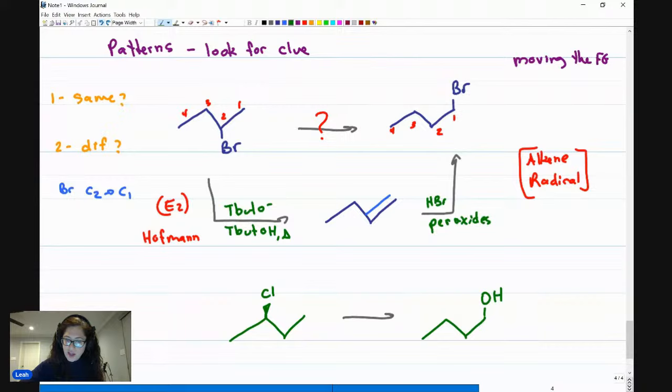And I'm seeing yeses and wows. What about heat or light? So this can happen with peroxides or light. Basically, we're trying to find a way to create a radical, to break the HBr apart, and to make this want to reach out for a radical. I covered the exact mechanism in another video. So if you want to review, definitely make sure you watch that.